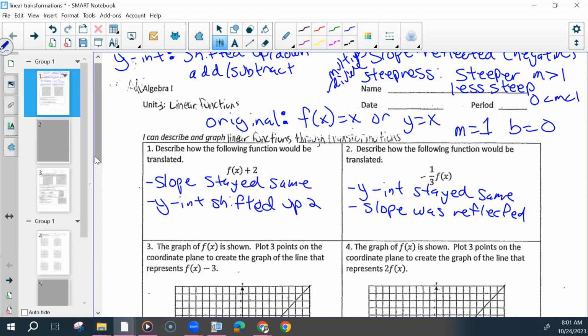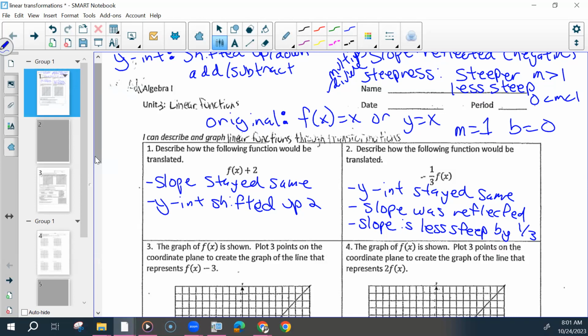So this would be less steep. So the slope is less steep by 1/3. You can say by 1/3, by a factor of 1/3. It's 1/3 less steep. There's a bunch of different ways to say that. So you don't have the negative one? We already did that.